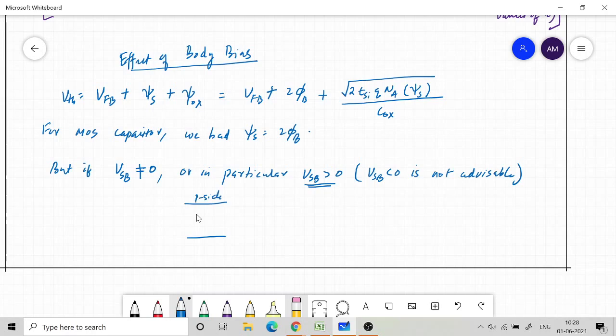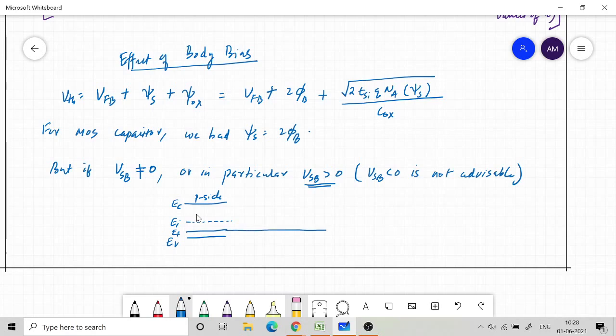I have an intrinsic level, so this is my EC, EV and EI. And for the P side, since it is P type material, I will have this one, that is EF, like this. And if there is no voltage applied, it has to be continuous.